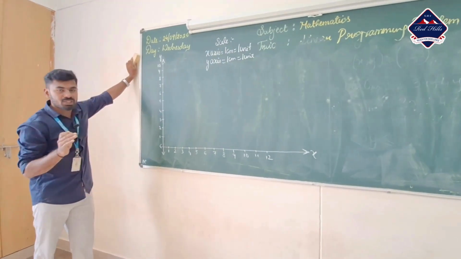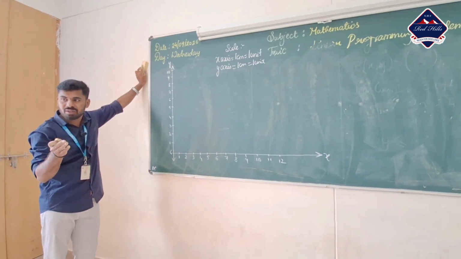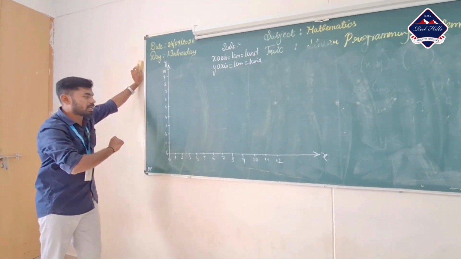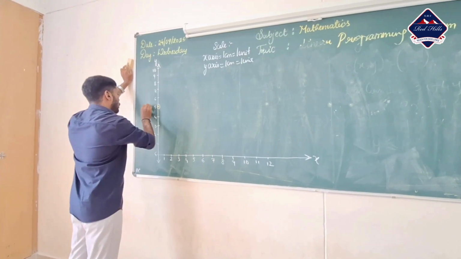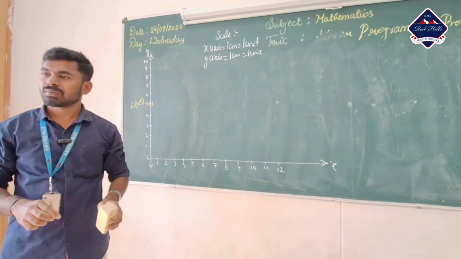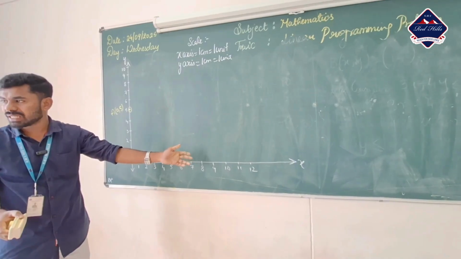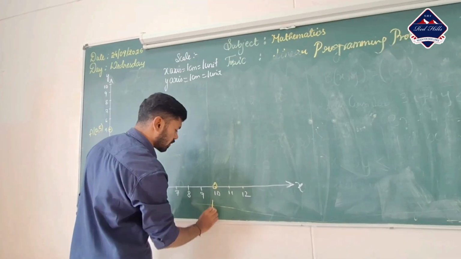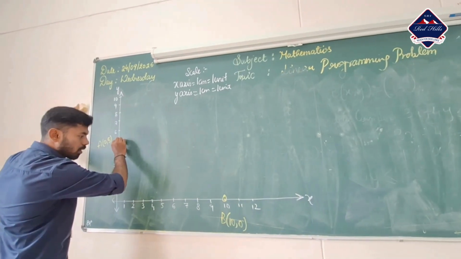Here it is clearly mentioning 0 comma 5, that is, x is equal to 0, y is equal to 5, which clearly tells the point lies on the y-axis. So therefore this is point A, 0 comma 5. What about the point B? 10 comma 0. Whenever the y coordinate is 0, this clearly indicates the point lies on the x-axis. Point B, 10 comma 0. Plot a straight line.